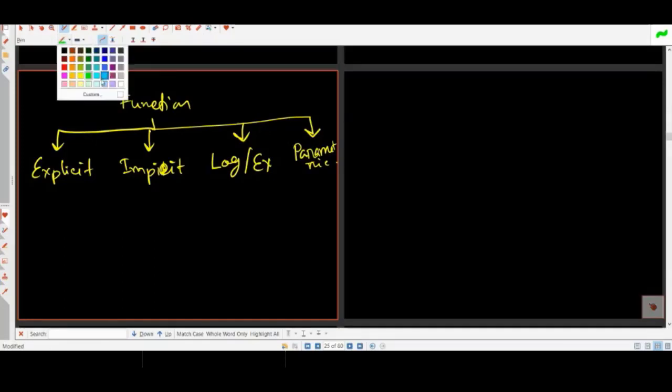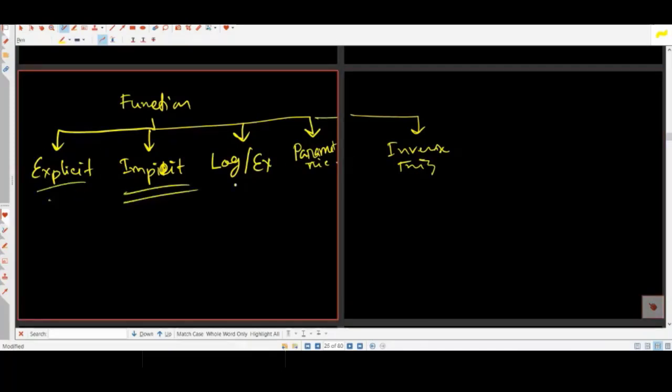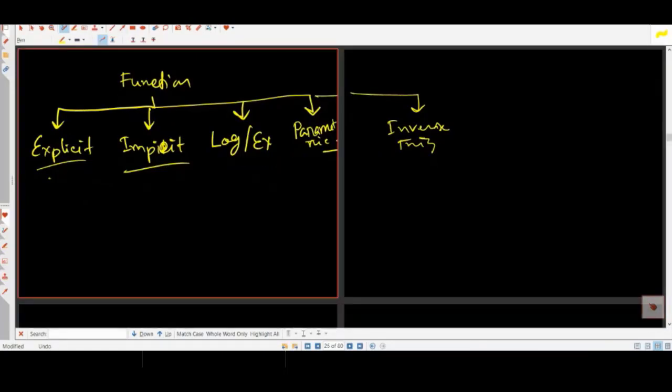We also have inverse trigonometric function, but if you have a good control over these functions and you know how to find the derivatives of these functions, then it will be also easier.